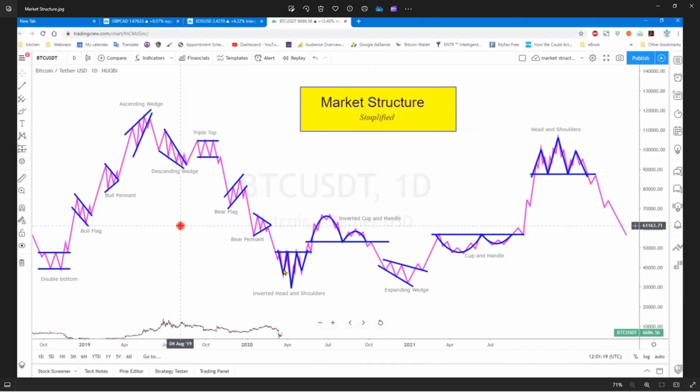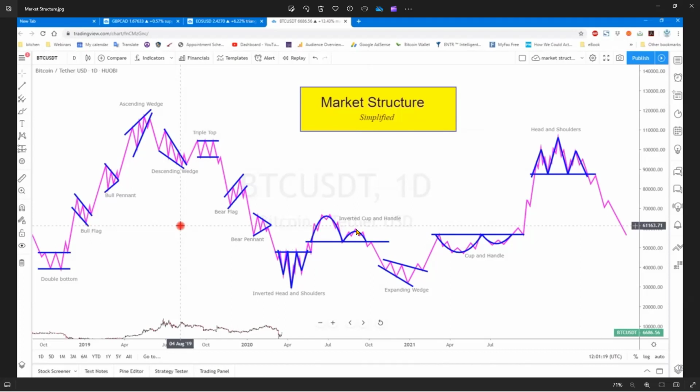Whenever you're looking at an inverted head and shoulders, you don't take the trade within the head or the shoulder. You take the trade after it comes out of the pattern, comes back and touches what is now called support, and then trends higher. Okay.